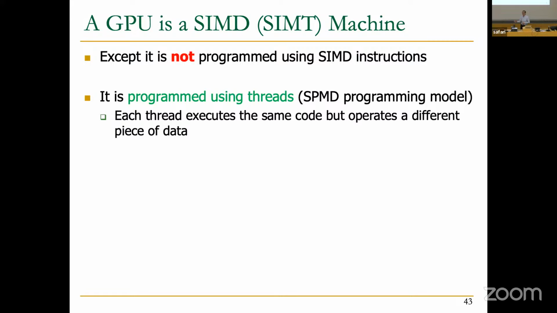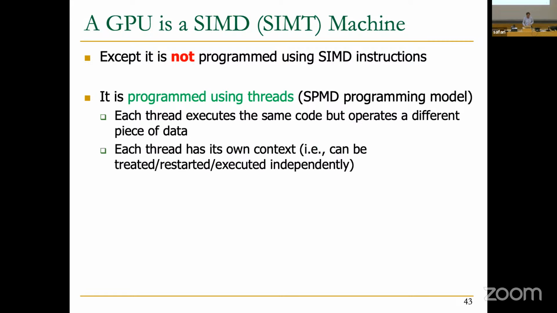Now, this looks very nice for graphics, right? Remember the image? We're doing the same set of operations on many, many elements of data. That's why this fits nicely. Each thread has its own context. It can be treated, restarted, executed independently. That's a benefit over here. It's more flexible than a SIMD machine. In a SIMD machine, it's very hard to change the vector length, for example, easily.